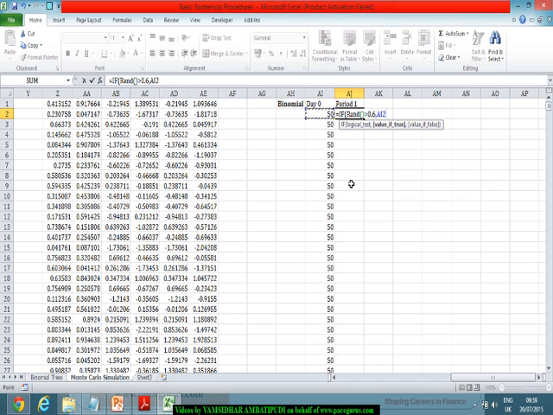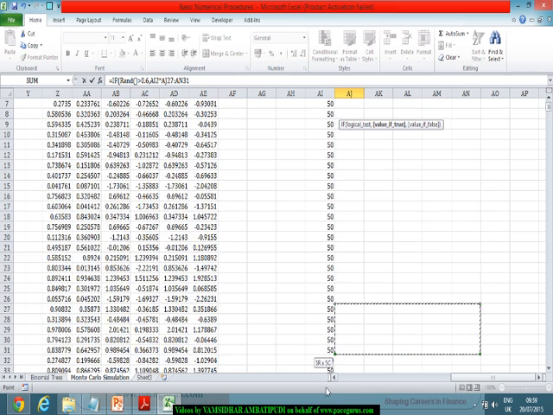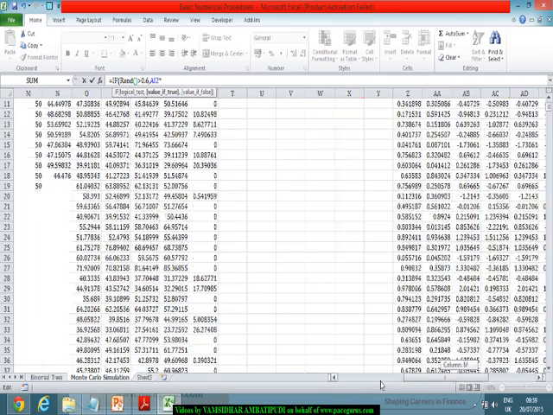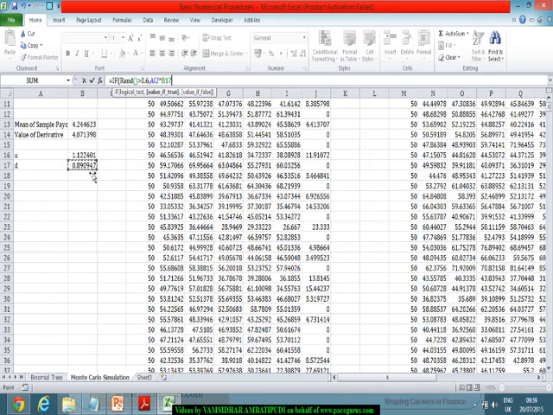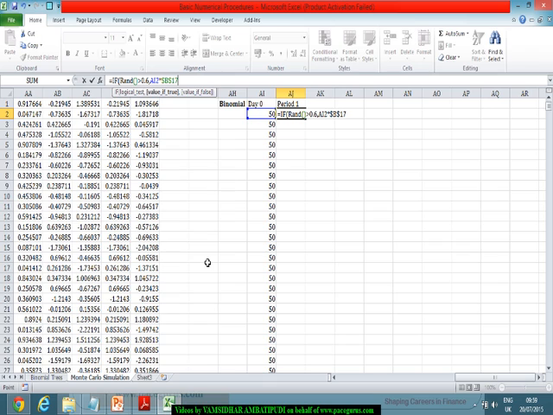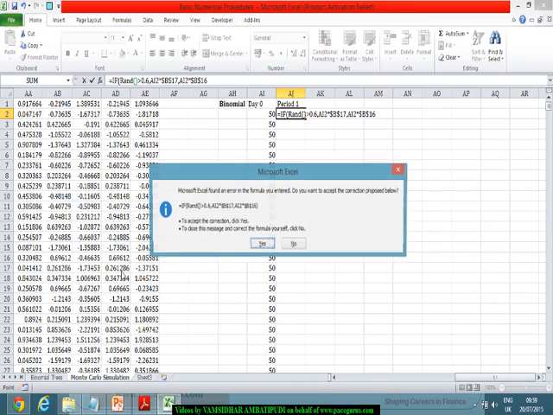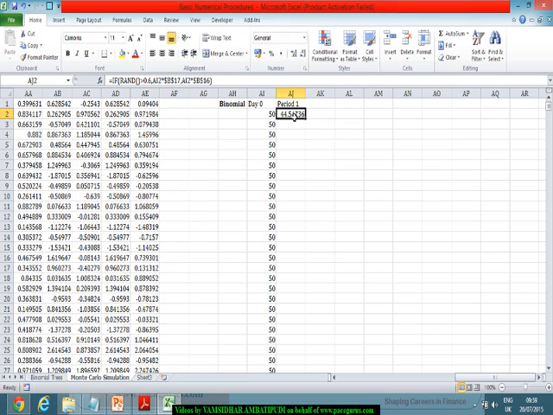I'll take this number and multiply it with the down factor. Else I'll take this number and multiply it with an up factor. Straightforward. So either up or down.